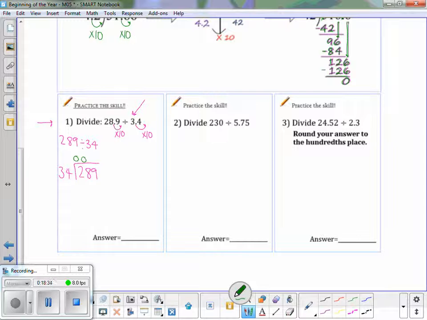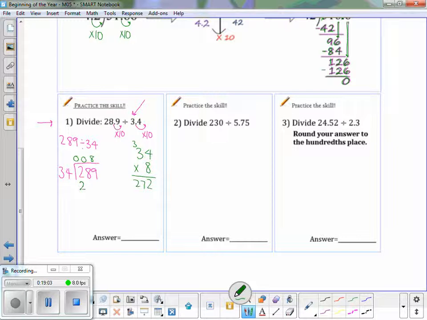So my guess is if I do 34 times 8, that should work, but I am going to check it over here. So 8 times 4 is 32. 8 times 3 is 24 plus 3 is 27. So I have 272. So it does go in. So I'm going to put 8 here, and 34 times 8 is 272.